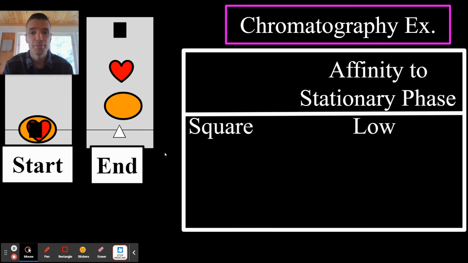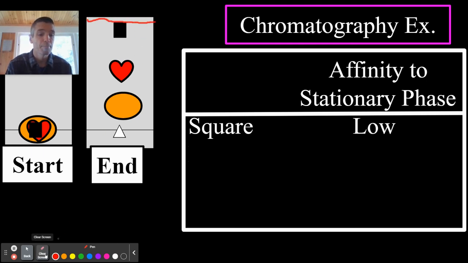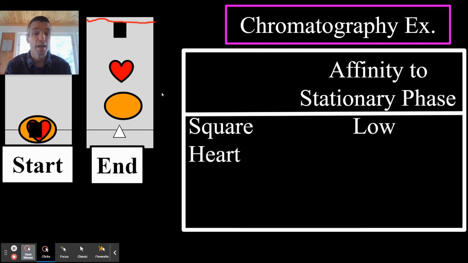Now, for the stationary phase in this scenario, the square had very little affinity towards it because it didn't stick with it. It went far, and in this scenario, our mobile phase or solvent probably went up here somewhere. So my square had very little affinity to the stationary phase, whereas the heart had more because it didn't travel as far up.